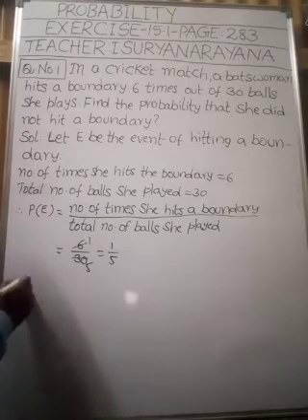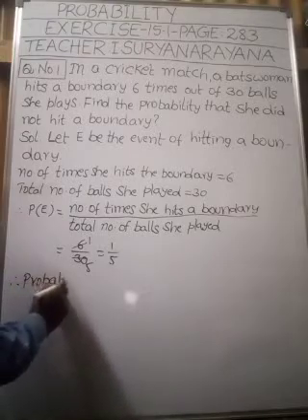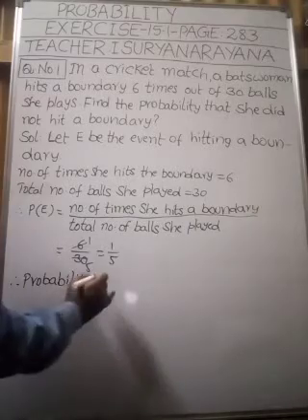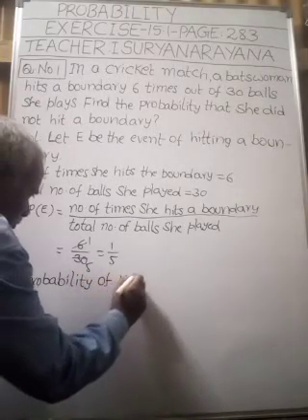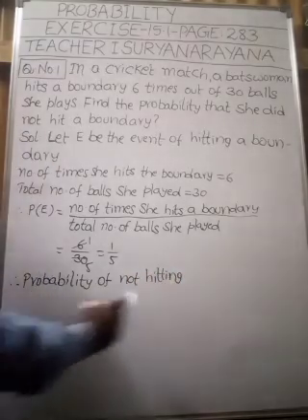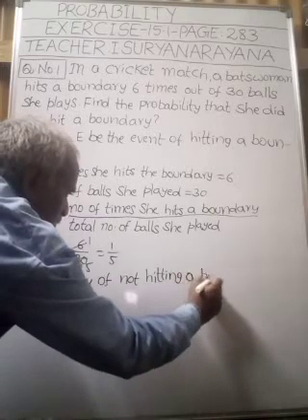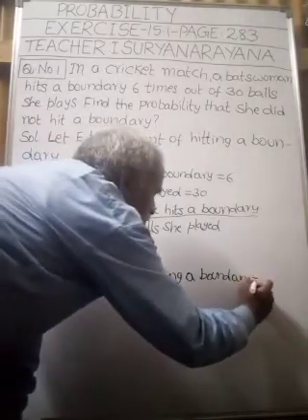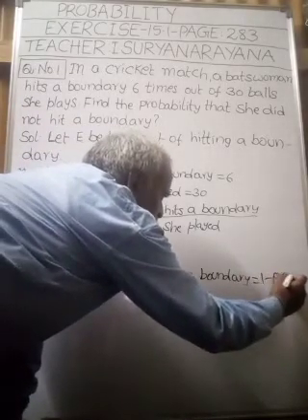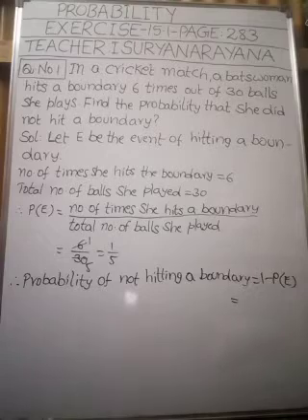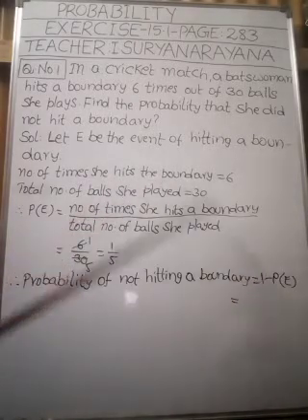Therefore, probability of not hitting a boundary is equal to 1 minus P of E. 1 minus P of E means 1 minus probability of hitting a boundary.